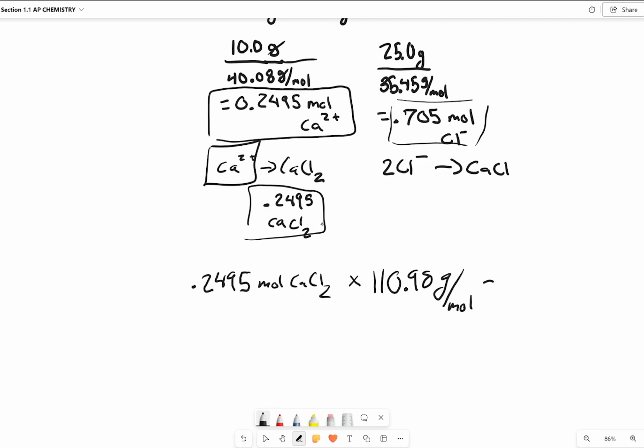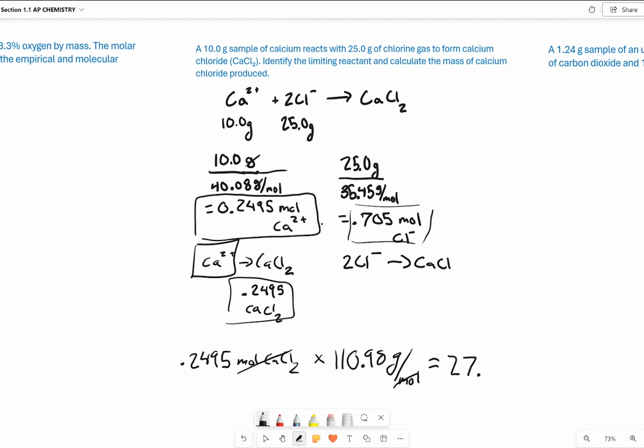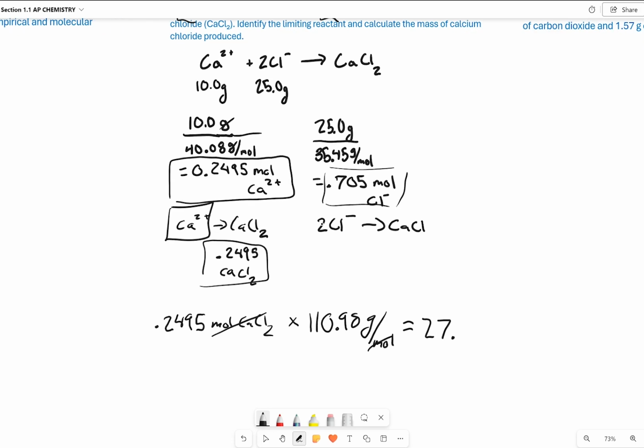You can see those units cancel out, and we get 0.2495 times 110.98, which is 27 point something. You'll learn about sig figs later, but we have 3 sig figs here and 3 sig figs here, so we're going to do it to 3 sig figs. Let's say it's 27.7 grams calcium chloride. Don't forget your units.